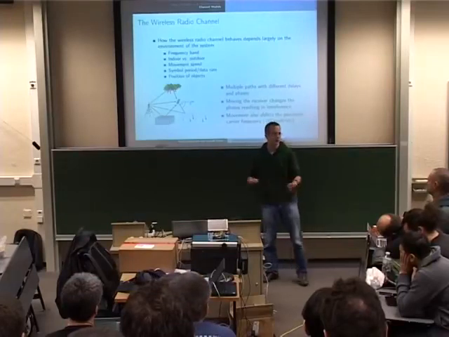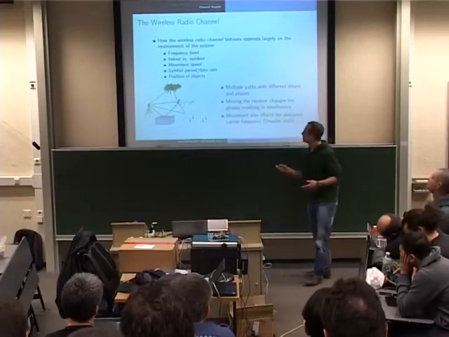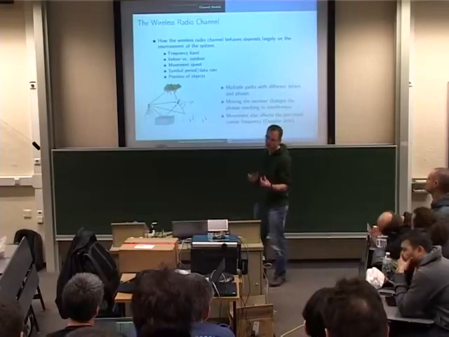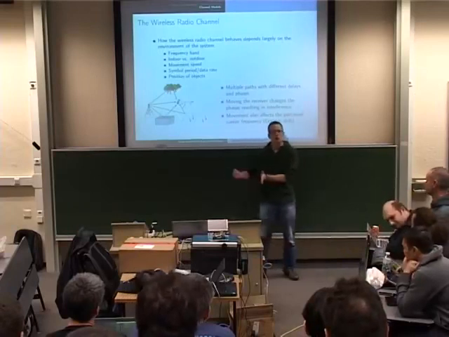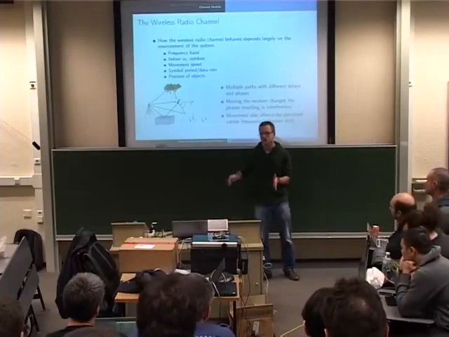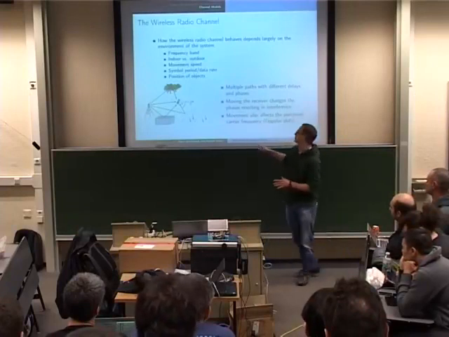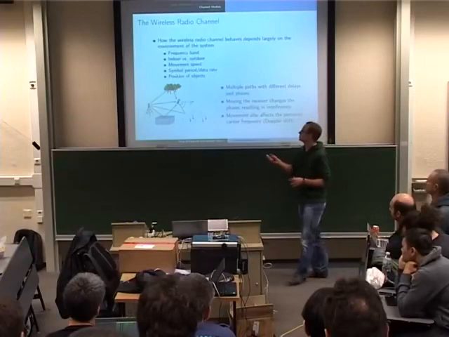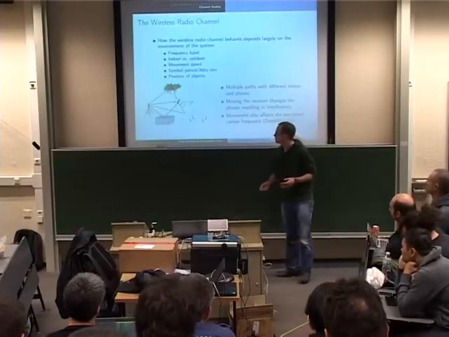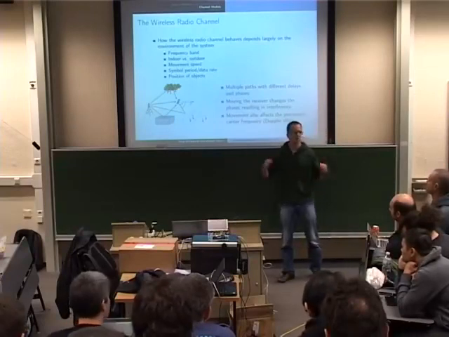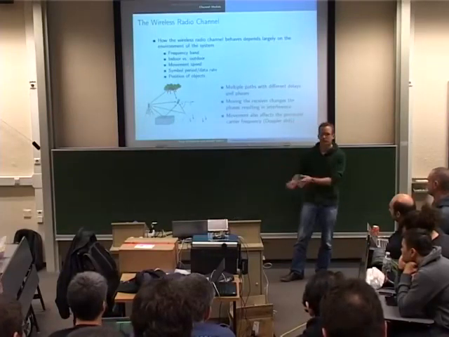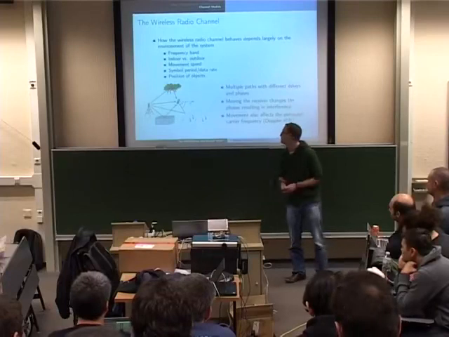It also depends on the data rate: whether the symbols you're transmitting are very short, so you can't transmit a lot of data, or long, makes a difference. I'll explain it in more detail later. And it also depends on the position of objects: whether you're surrounded by tall buildings or in free space somewhere out in a forest.